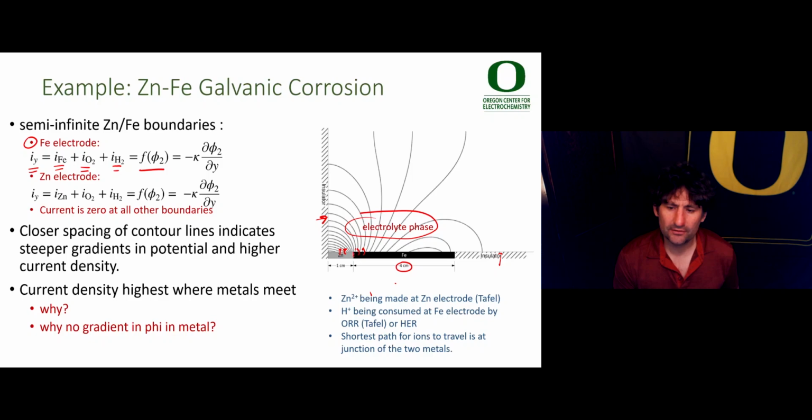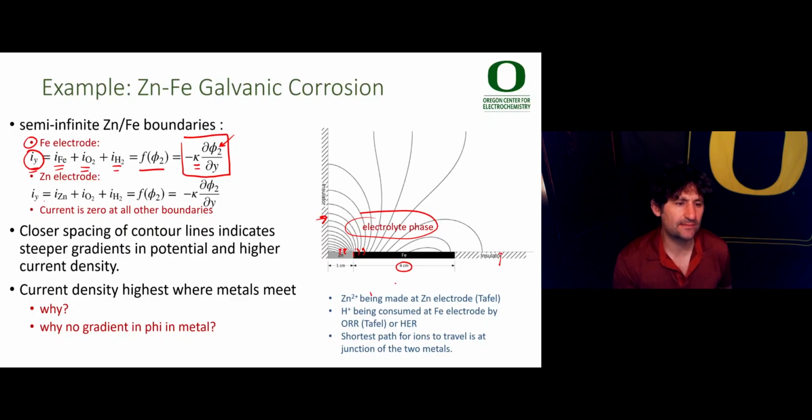So closer to the boundary, you'll have less potential drop in the electrolyte, and so the reaction will tend to be faster there. And the net current on the iron electrode has to be equal to the net current flowing in the electrolyte, which is just the conductivity of the electrolyte times the electric field in the electrolyte, which is the derivative of the potential with respect to distance.